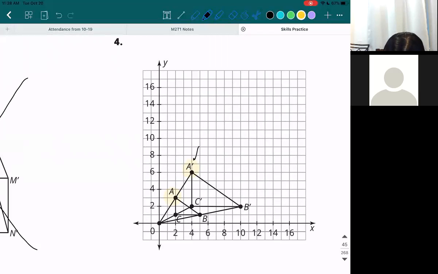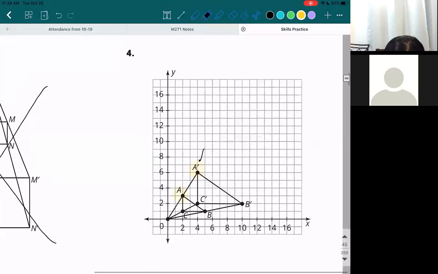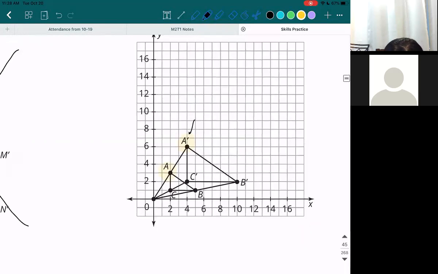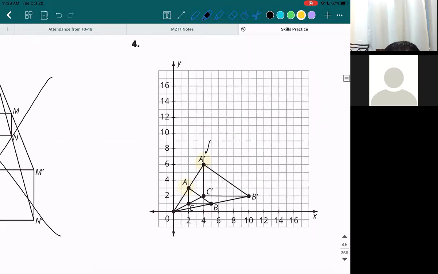We're going to mark the coordinates of both of these. So for point A, I'm going to write in a different color so it's a little less messy. For coordinates of point A, I can see that it is 2, 3. So that's this point in purple. 2, 3.